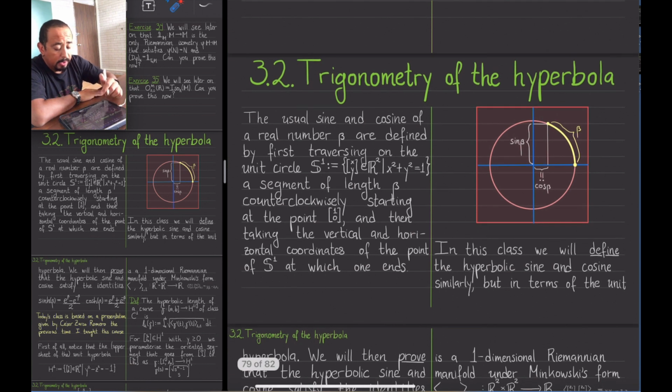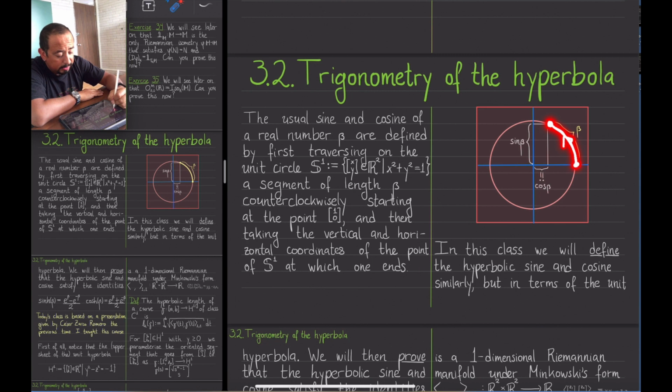Okay, so as I said, the usual sine and cosine of a real number. How does one see it the first time one sees the definition? Well, consider the unit circle, and then one takes the number beta and opens. One traverses a segment on the circle. If beta is positive, one traverses starting in the point (1, 0) in the counterclockwise direction.